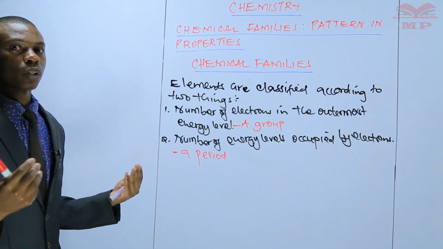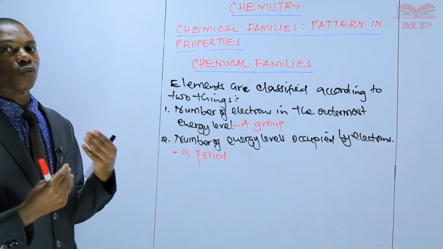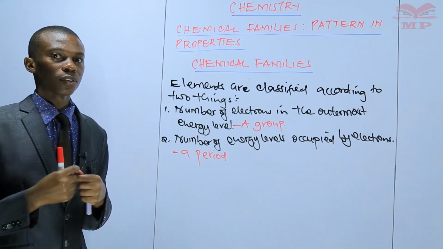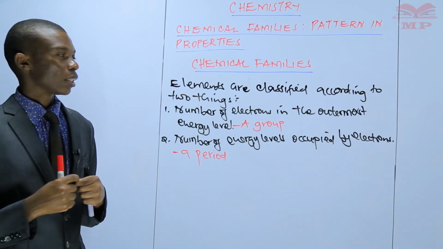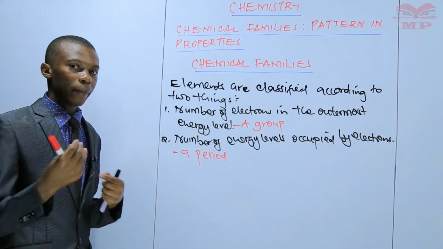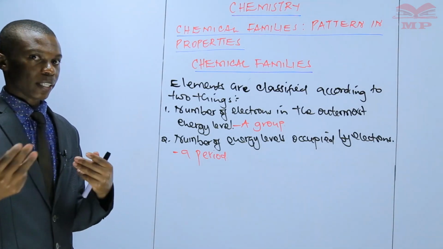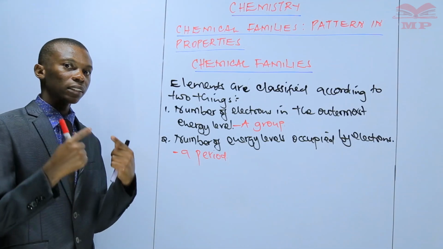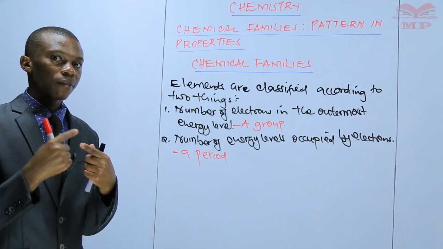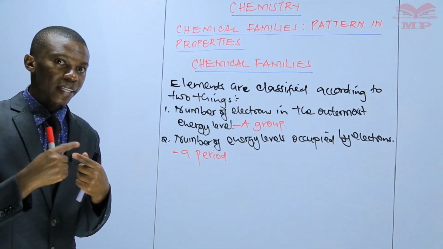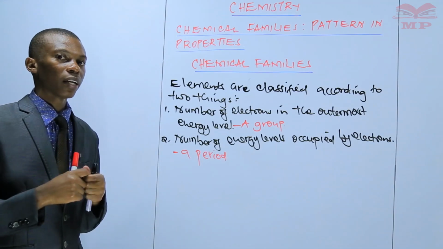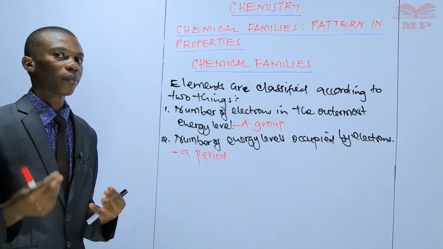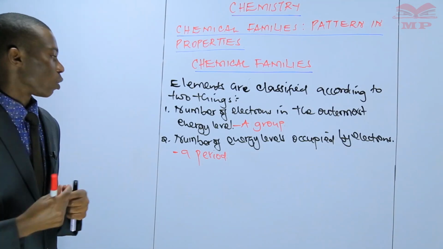Period 2 consists of elements which have two energy levels occupied by electrons, like lithium, beryllium, boron, and so on. Then period number 3 contains elements which have three energy levels occupied by the electrons, and we have elements like sodium, magnesium, aluminum, and so on.